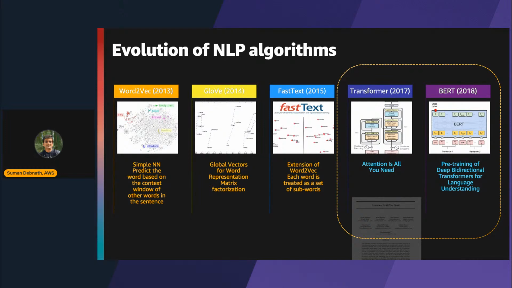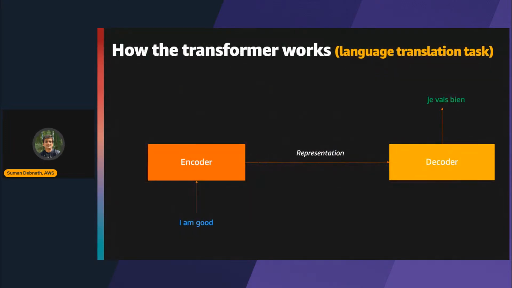So we are going to spend most of our time today learning the transformer. At its core, what a transformer does is try to understand the contextual meaning of a sentence. We will try to learn what that contextual meaning is. But I want you to do an experiment at a later point, maybe after this session, not now. I'm very sure you all have a mobile phone in your hand, or maybe in your room. Try this out.